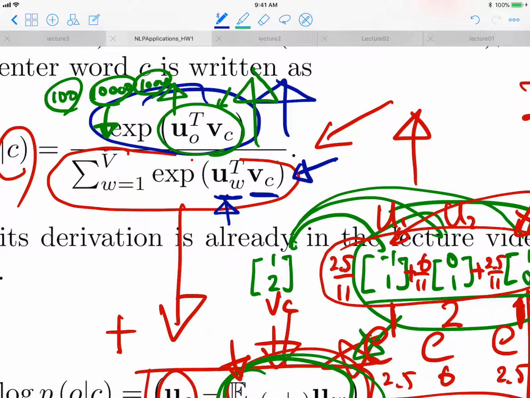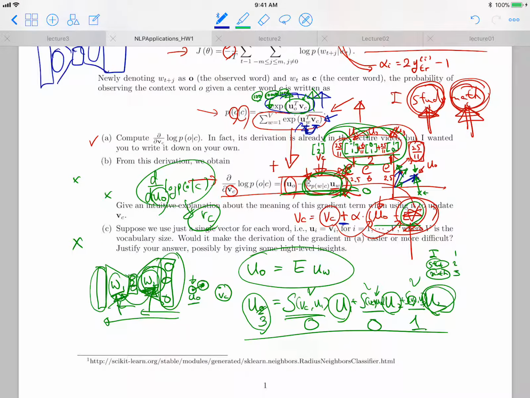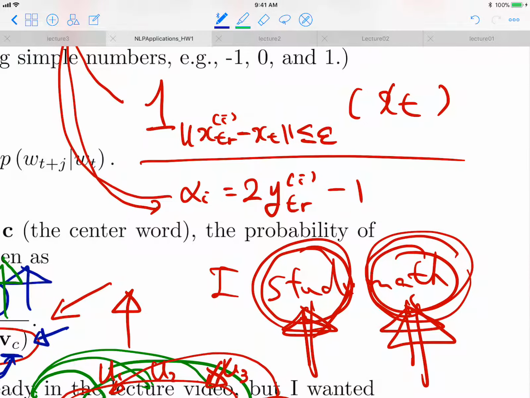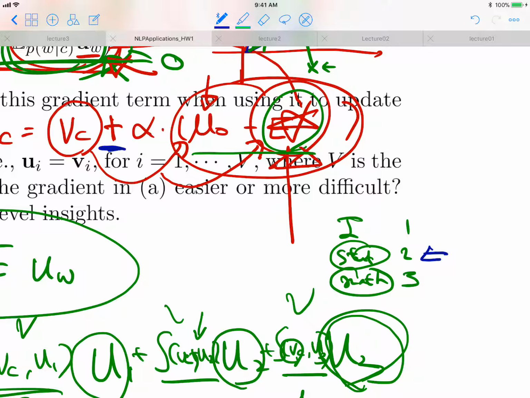In the case of doing the inner product with the same word, if VC is study, and study is also included in our vocabulary, then the context vector of the same word study will be computed for its inner product with the center word vector. Suppose our center word was the second one, because study is the second word in our dictionary.